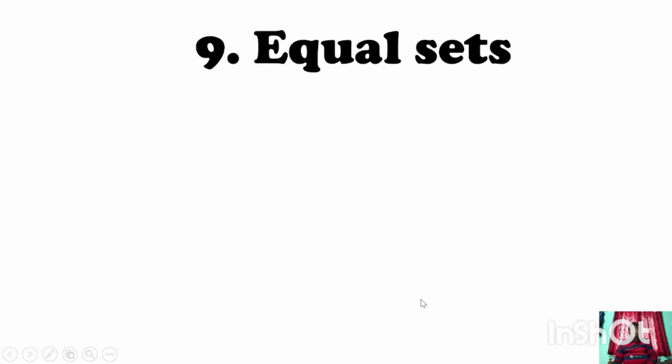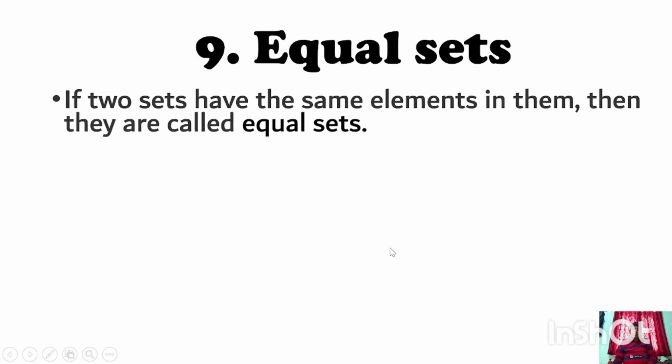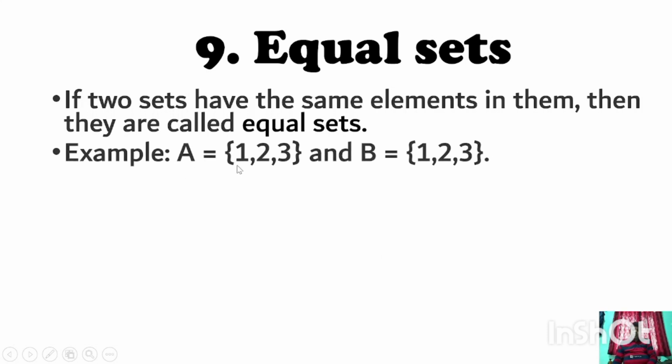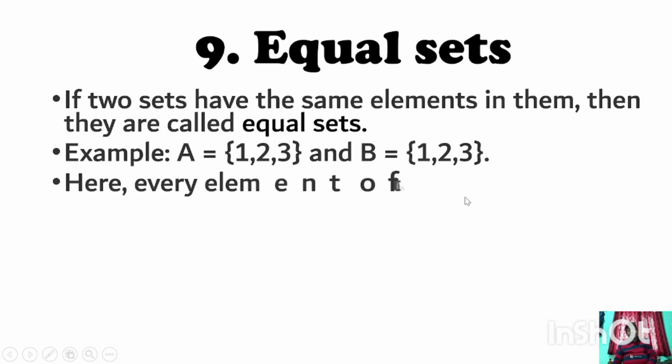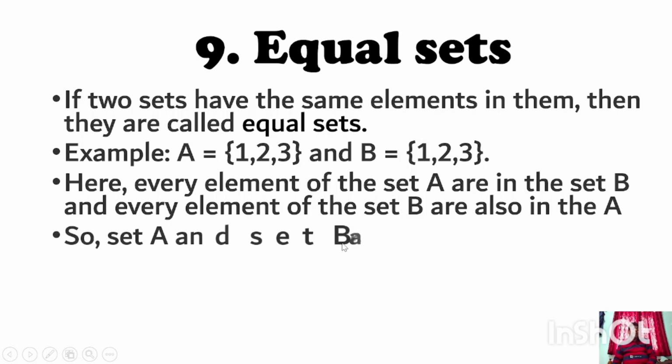Another important point is equal sets. If two sets have the same elements in them, then they are called equal sets. For example, suppose the set A is {1, 2, 3} and the set B is also {1, 2, 3}. Clearly every element of the set A is in the set B and every element of the set B is also an element of the set A. In this case we can say yes, the set A and set B are equal sets.